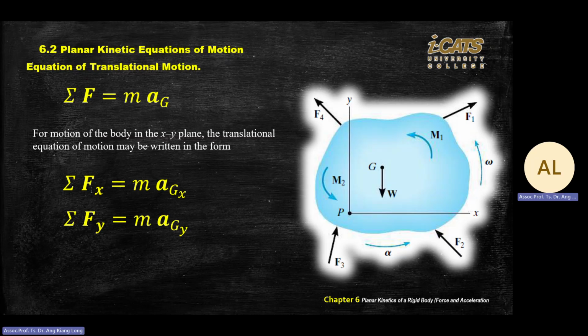And then you are focusing on your acceleration in X and acceleration in Y. Again, if you are seeing this equation, F equal to ma, on the left-hand side, you draw the free body diagram. On the right-hand side is your kinematic diagram or kinetic diagram if you want. So usually we just put in your acceleration direction on the same diagram, or you can redraw another diagram for kinematic or kinetic diagram.